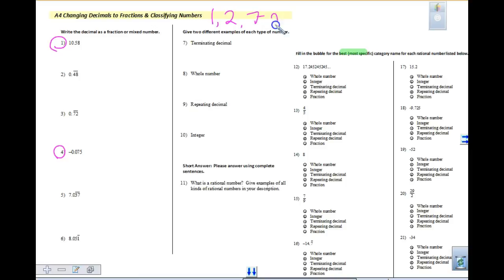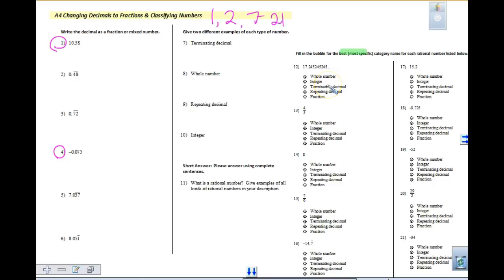And I want you to look at 7 to 21 because it says, find the most specific. I actually want you to tell me all the ones. So, you look at this number right here and with those dots behind it, what is that telling you? That it continues on and on and on? Okay, so can it be a whole number? No. 0, 1, 2, 3. Can it be an integer?